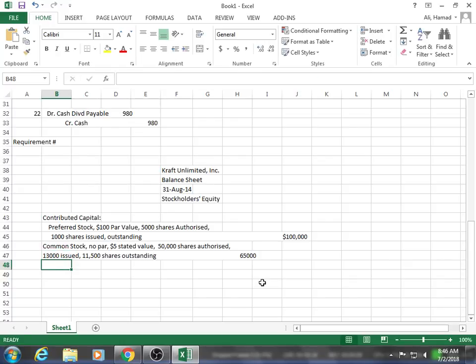Now we need the additional PIC common, because it's part of the contributed capital. Go back again and add all the PIC for the common.